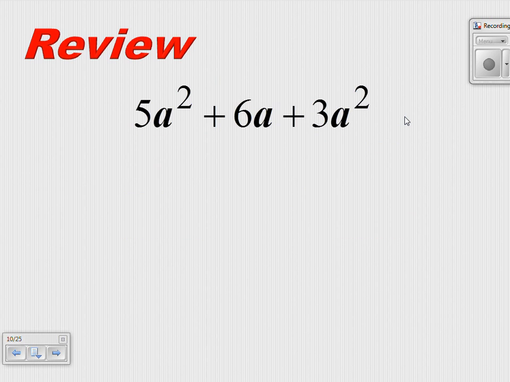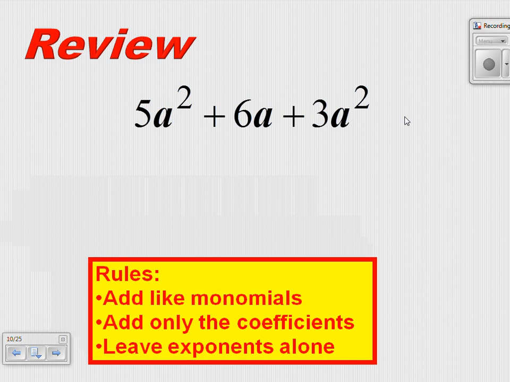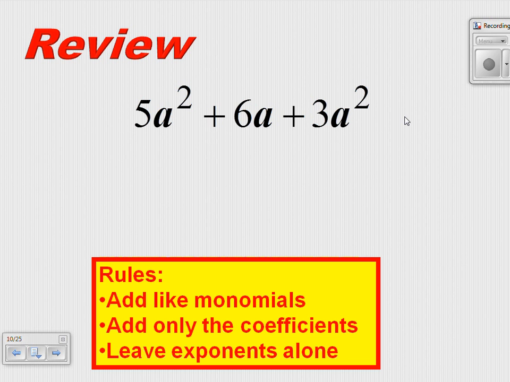We're going to review right now. We see a polynomial here, 5a squared plus 6a plus 3a squared. As you should remember, the rule is to add like monomials. When you do this, you add only the coefficients and you leave the exponents alone.